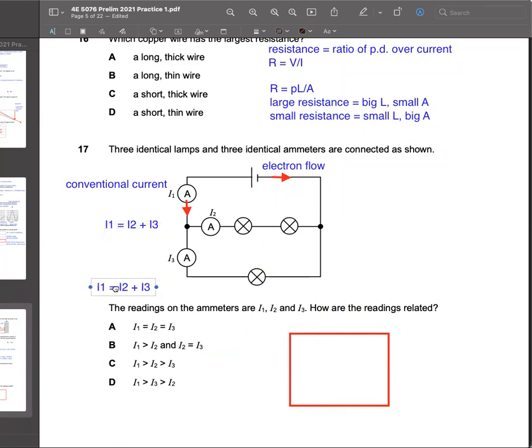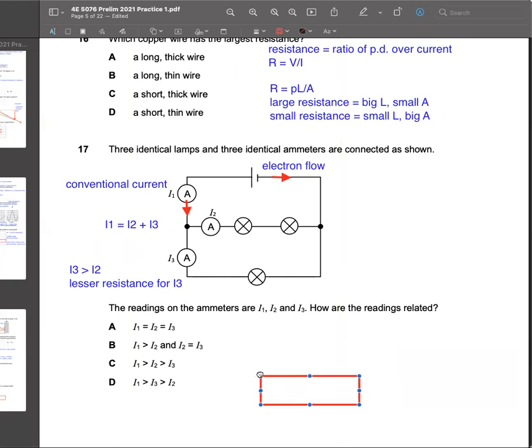I mean, I3 is bigger than I2 because there's lesser resistance for I3. So your answer will be I1 is bigger than I3, then bigger than I2.